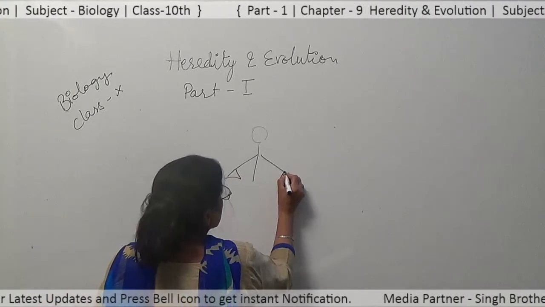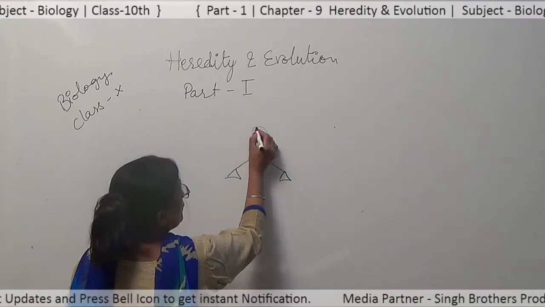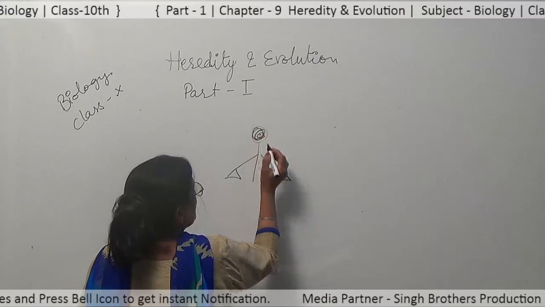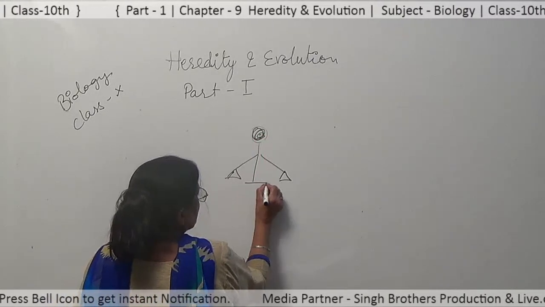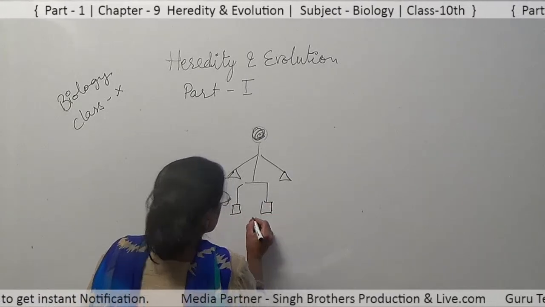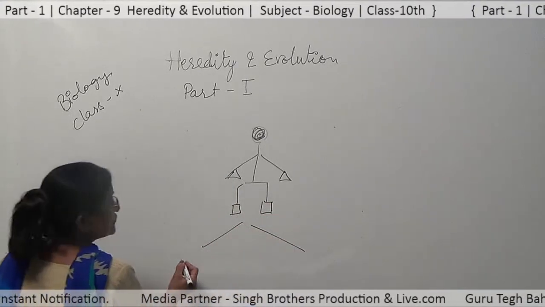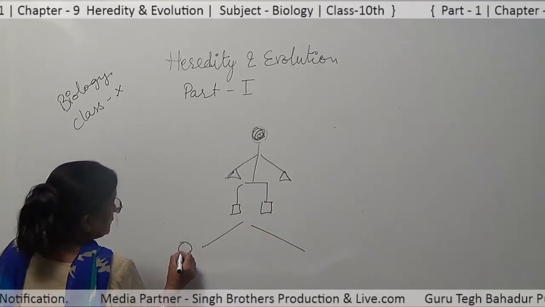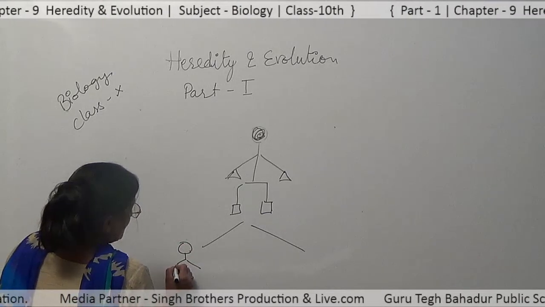If we see, this is one individual, and it has to reproduce two offspring.